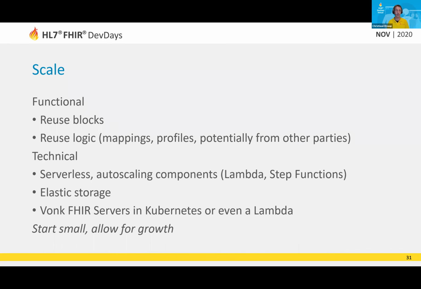Storage provided in the cloud is usually elastic in nature, so it can grow along with your demands. You can run FHIR servers, at least the Vonk one, in Kubernetes, or even within a Lambda, whereas Kubernetes allows for its own scalability, and the Lambda scalability would be provided by the cloud environment itself.